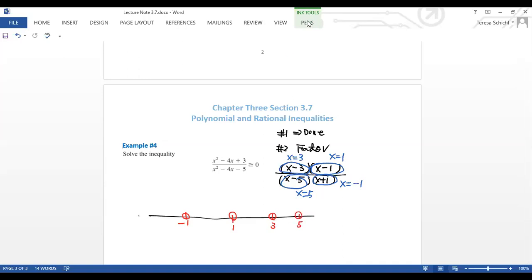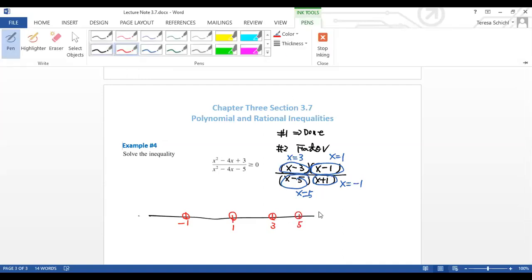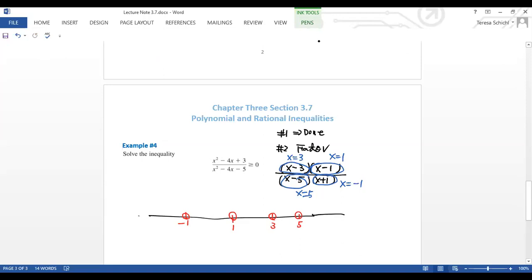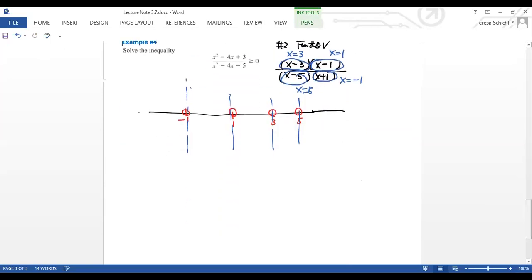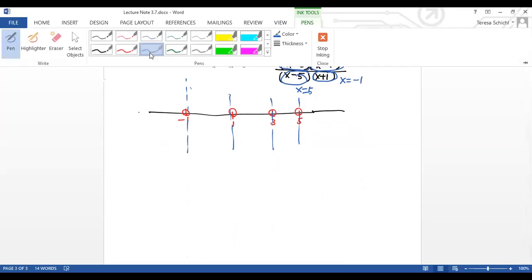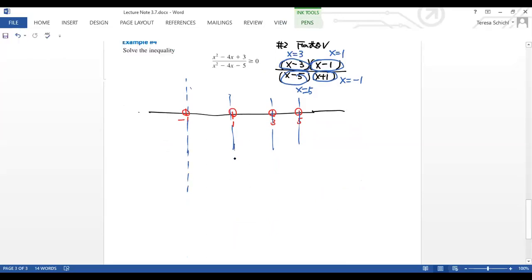Okay, so now I draw the dotted lines so I can see my intervals here, right? I give a little bit more dotted lines here. We might need that, so let's go a little bit longer.